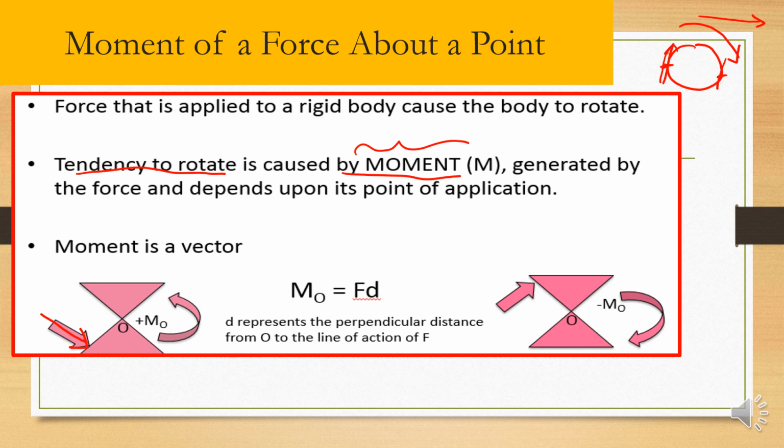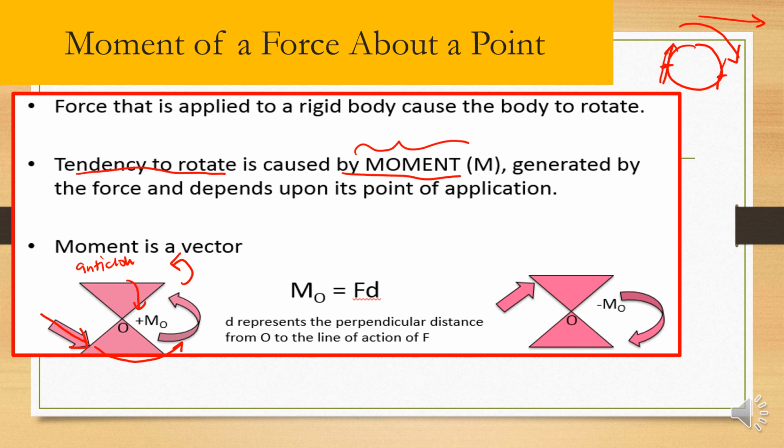When you're pushing this object, a spinner, it will rotate in an anti-clockwise direction. When it moves anti-clockwise, it becomes a positive moment.